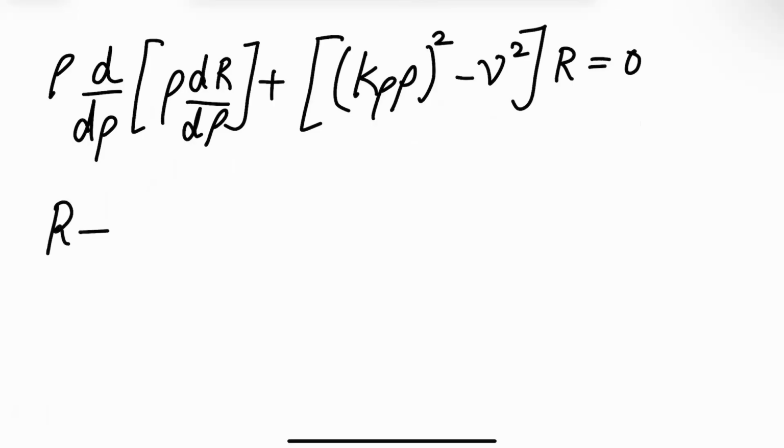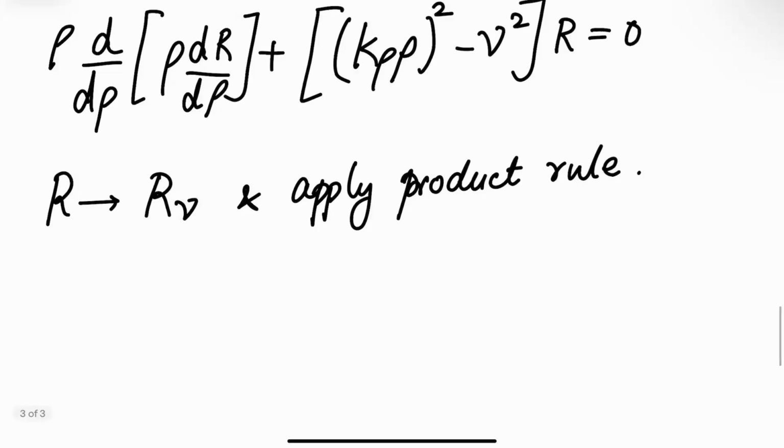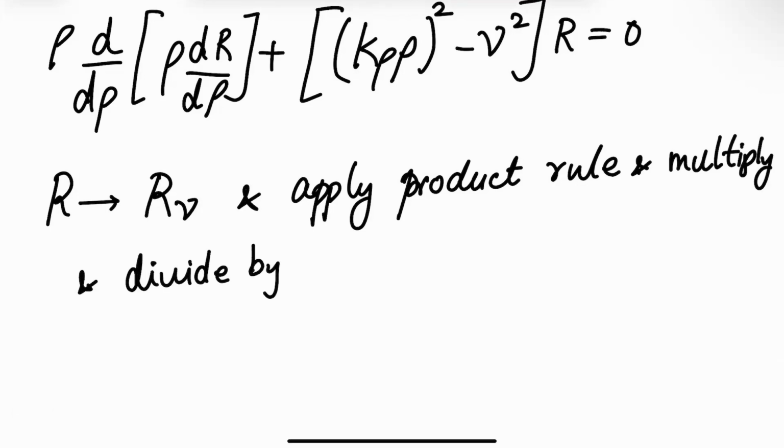Okay, so we'll make a change of notation. We'll replace r with r nu because we know that r is a function of nu, because in this equation you have this new term. And apply product rule. So we're separating this, it's a derivative of a product of two functions. And we also want to multiply and divide by k rho square.